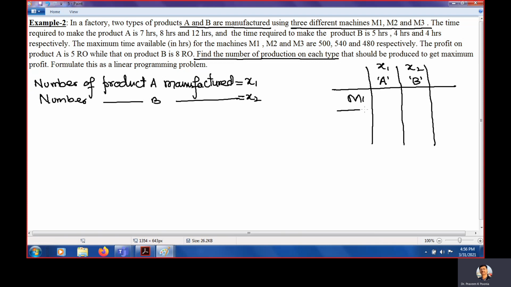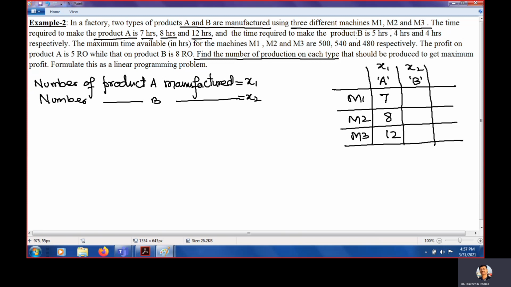Listen, if we are making A type of product, it is taking 7 hours on machine M1, 8 hours on machine M2, and 12 hours on machine M3.